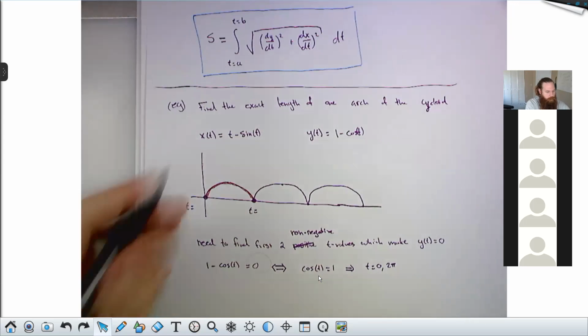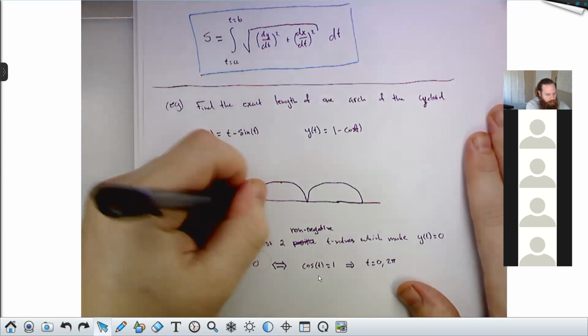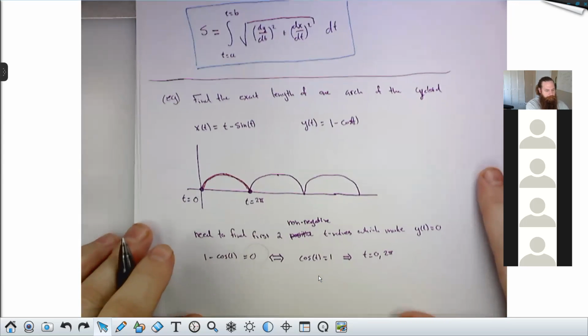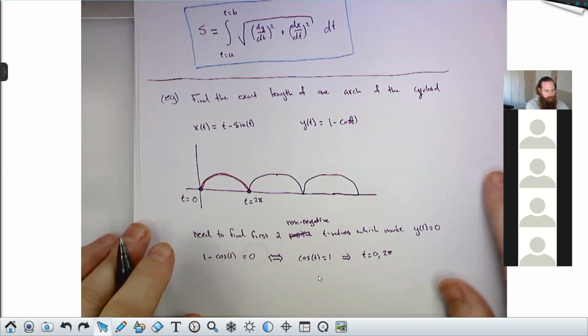So this one is 0. This one is 2 pi. The next one here would be 4 pi, and so on.